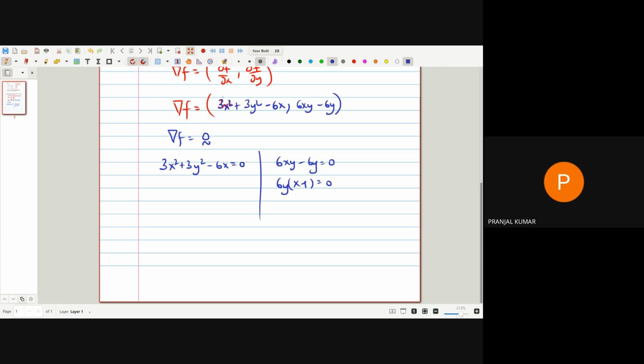So from here y could be 0 or x could be 1, and this whole thing is the first equation. So this is basically P and (Q or R).